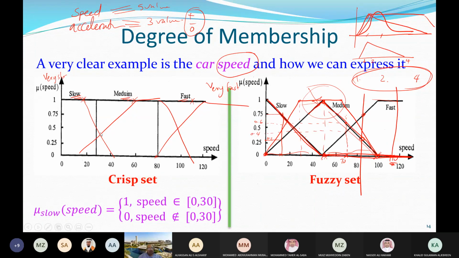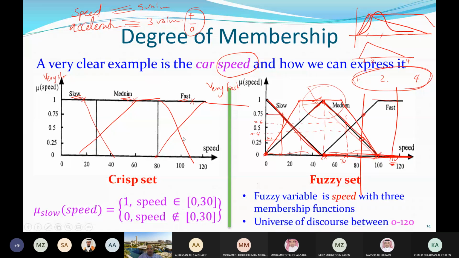So this is the fuzzy set. And of course, this is as usual when we define the universe of discourse. It's between 0 and 120 here. So of course, this is continuous.